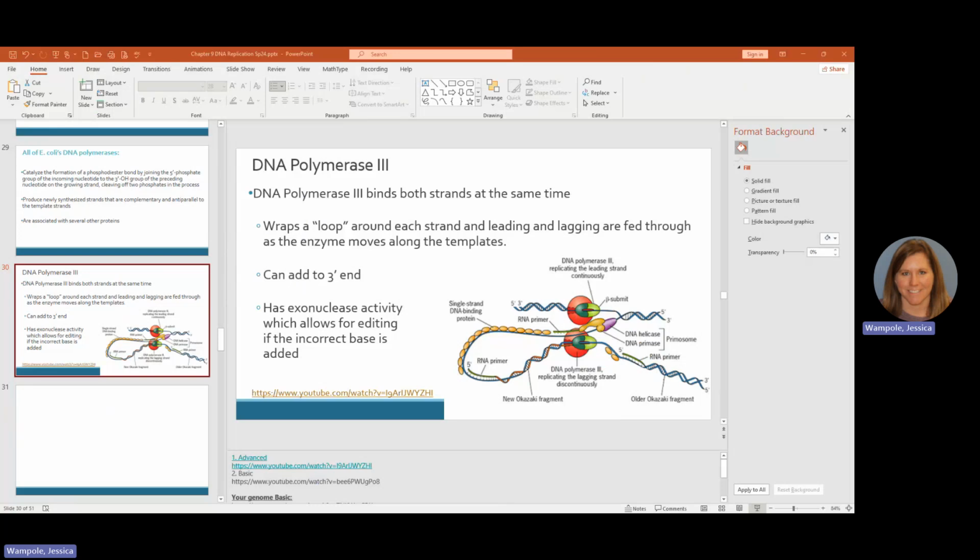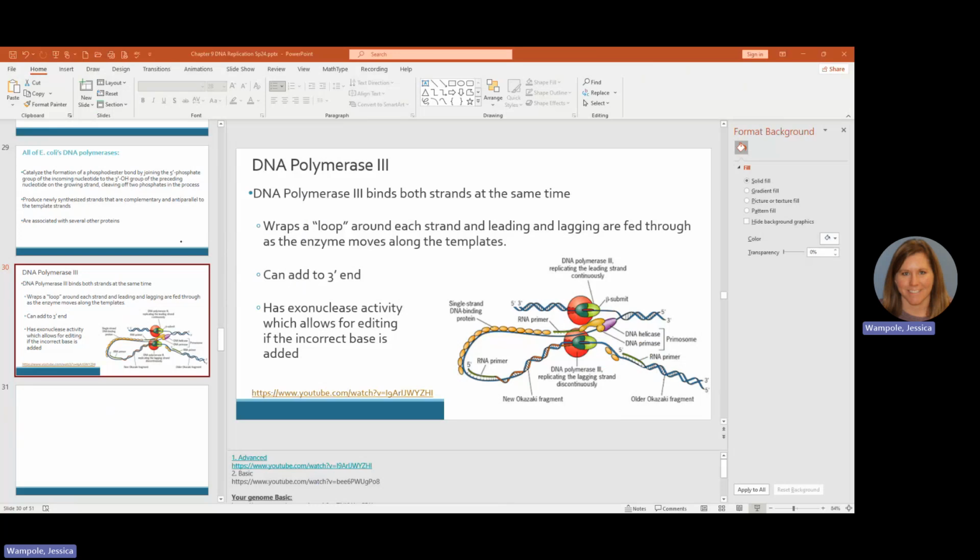So our first thing, what's our first enzyme that needs to come in? What do we need to do first, after we've got helicase? Teresa? Okay, so helicase comes in. Helicase is going to open up that replication fork. Which one comes in next? Primase, very good. Okay, so primase is going to come in. Primase is going to bind on both strands.